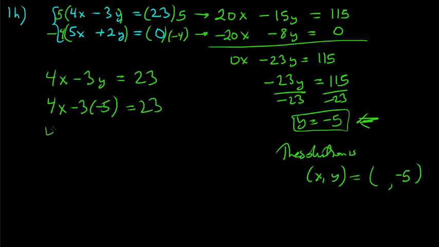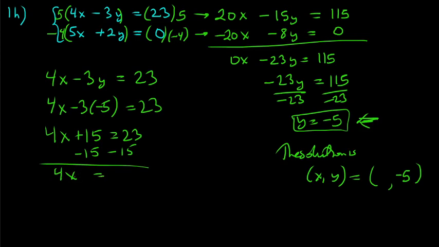What do we get? We get 4x plus 15 equals 23. Subtract 15 from both sides. And we get 4x plus 0, right, equals 23 minus 15, which is 8. And then divide by 4, x is equal to 2.